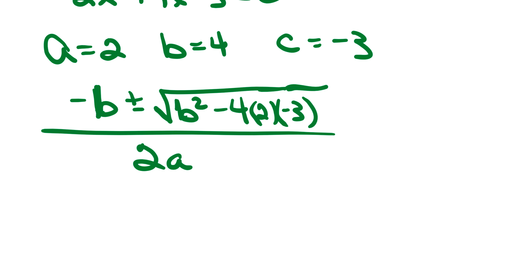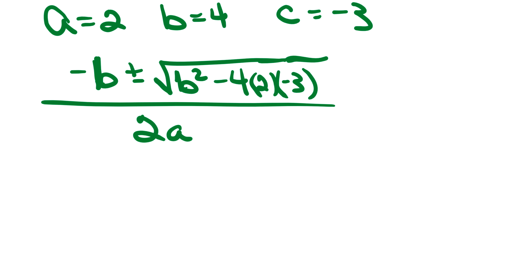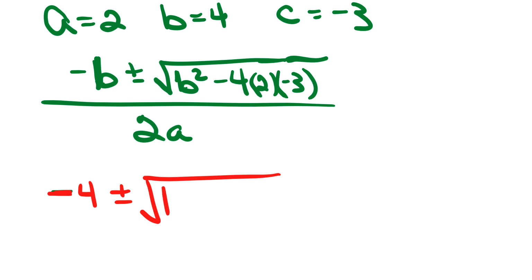All right, now we'll fill in everything we need. I've got negative b, and b is 4, so that's negative 4. Negative 4 plus or minus the square root of b squared, so that's 4 squared, which is 16, minus 4 times a, which is 2, and times c, which is negative 3.